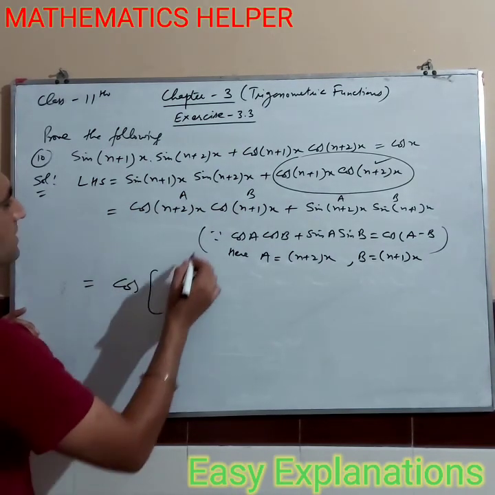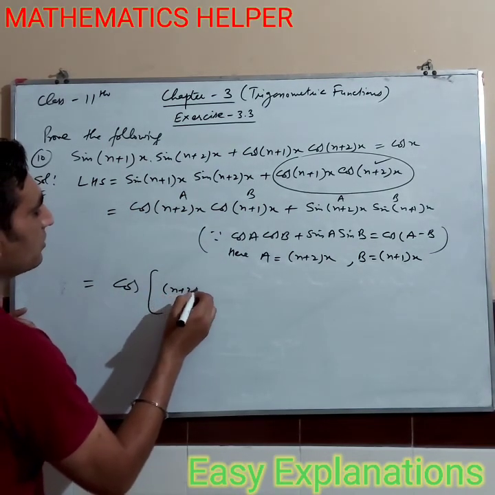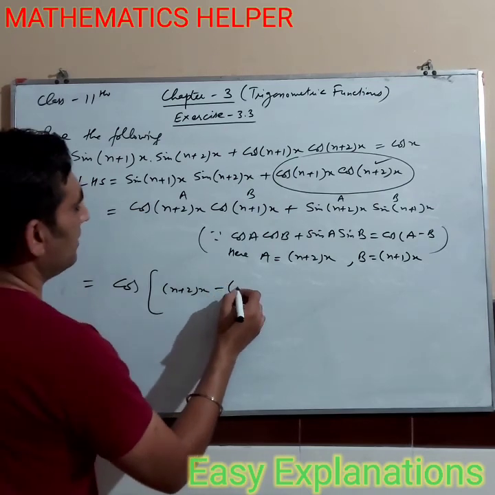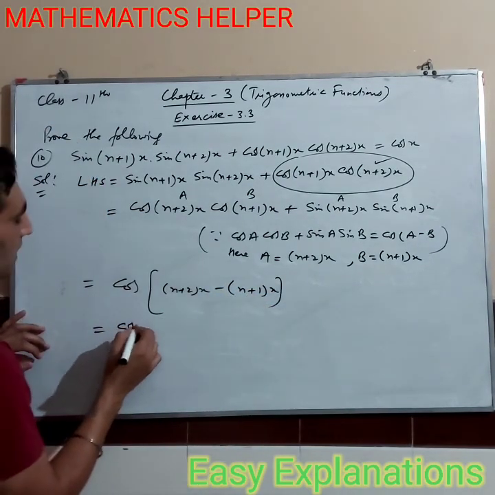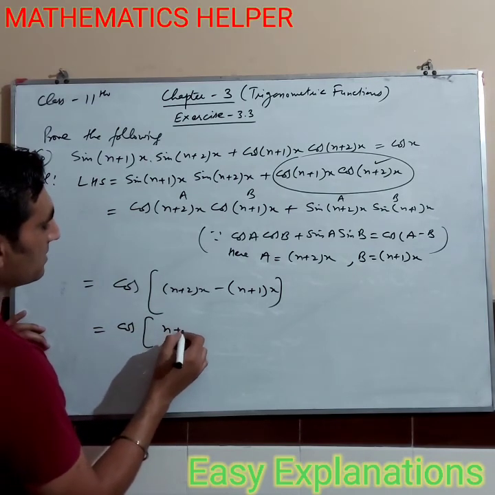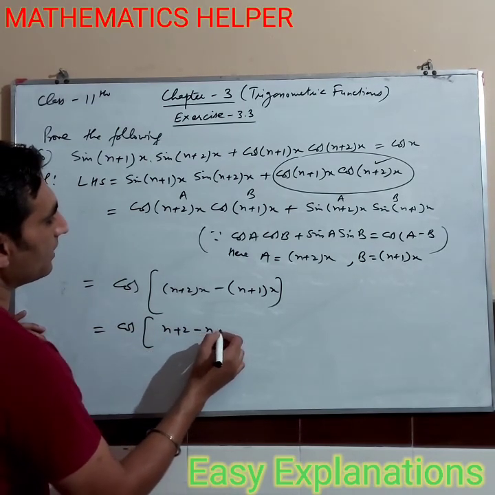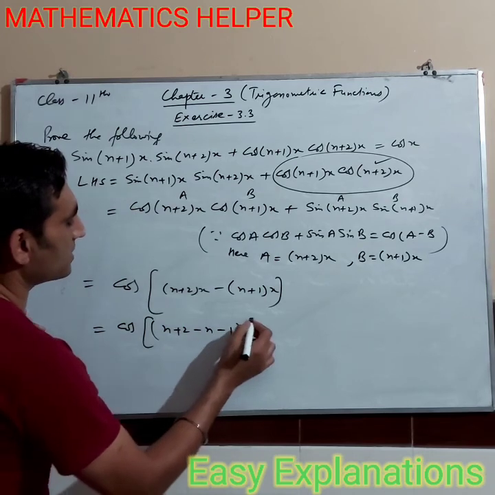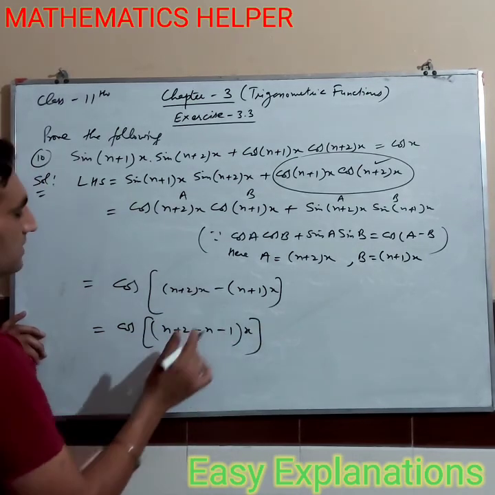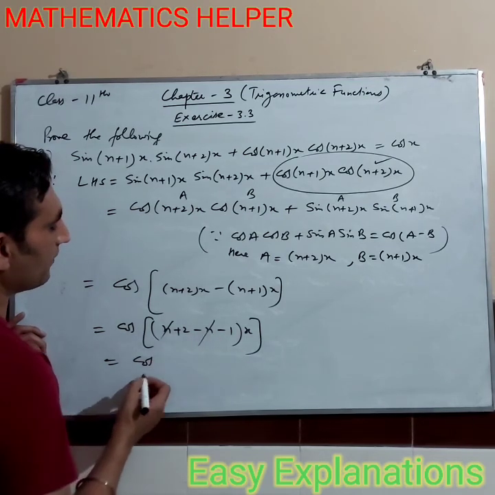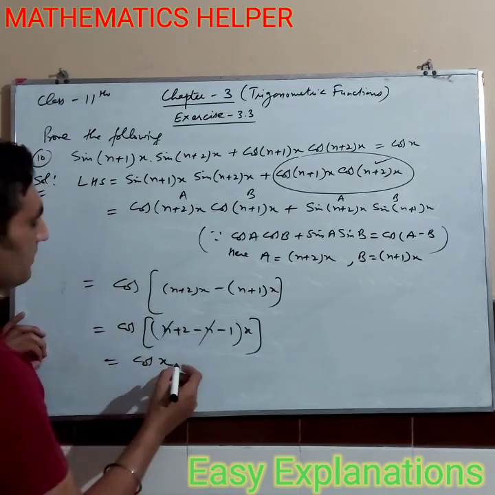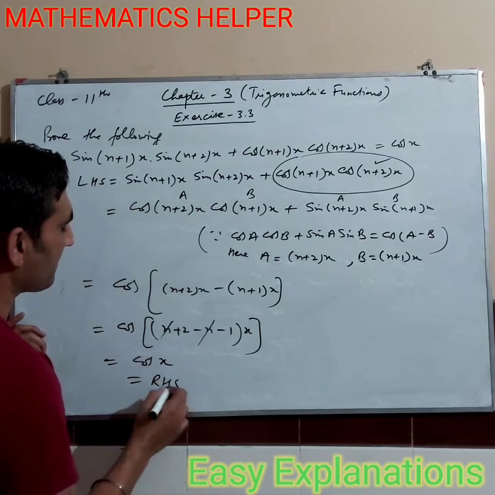Cos, what is a? (n plus 2)x minus b, (n plus 1)x. Now only calculation work is left. Cos(n plus 2 minus n minus 1). I am writing x outside as common by combining these values. n cancelled. It is cos of (2 minus 1), 1. It is only cos x, which is the same as the right side of the equality.